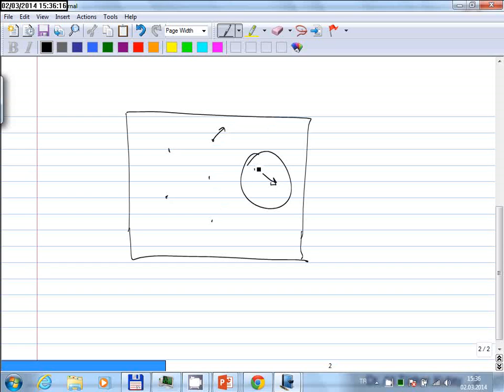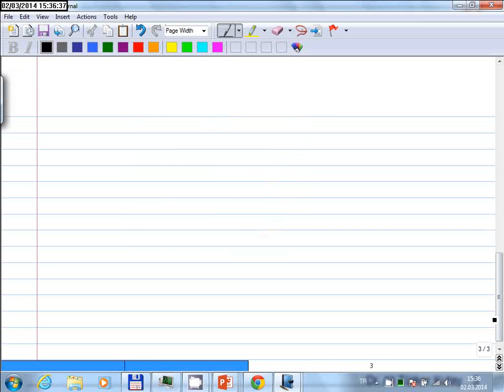It keeps moving, and when it reaches the wall, it hits the wall and then bounces back, right? This is very similar to a ball hitting a wall and then bouncing back from the wall. So now let's take a look at what happens when it hits the wall.